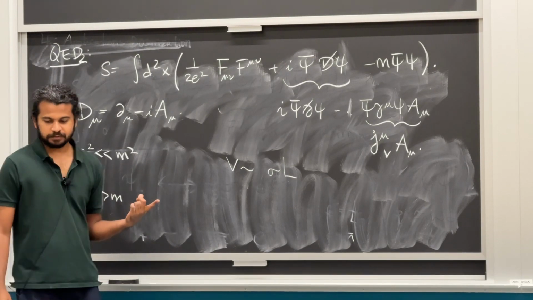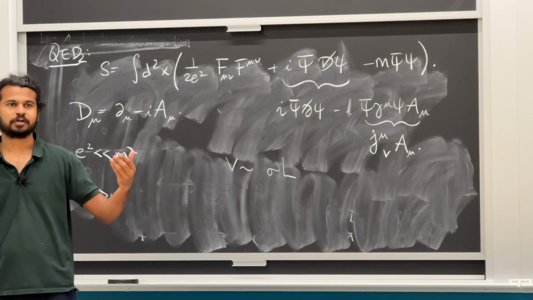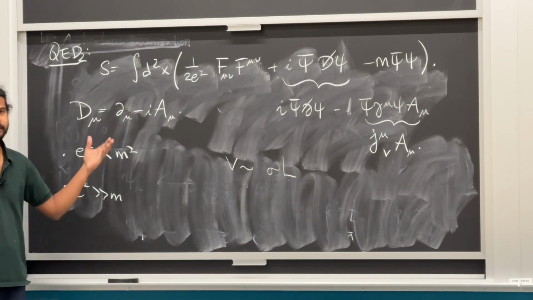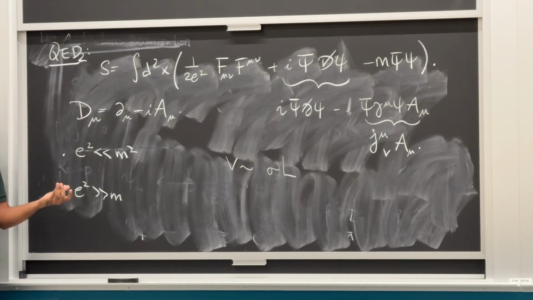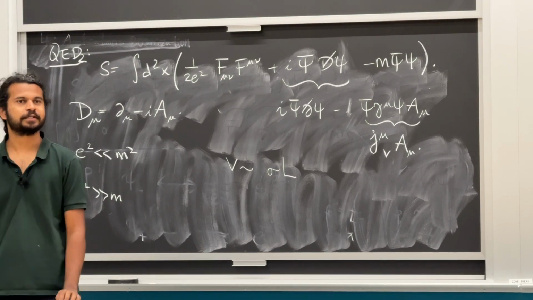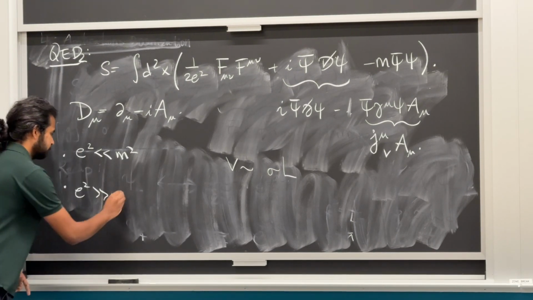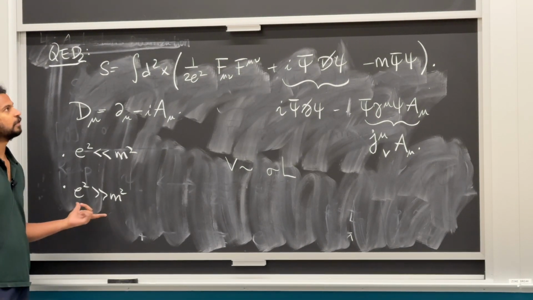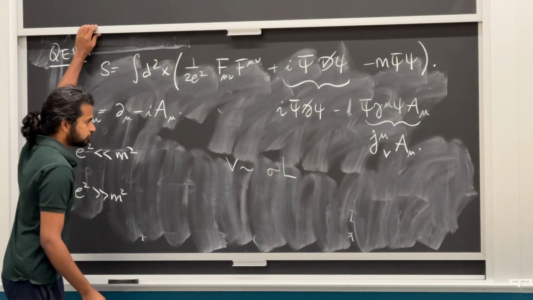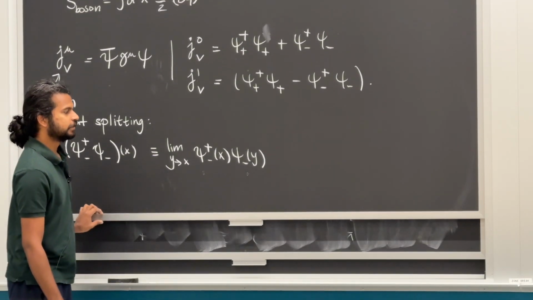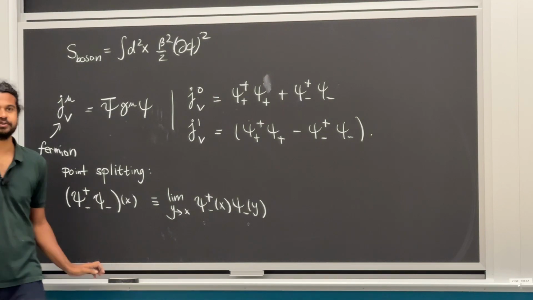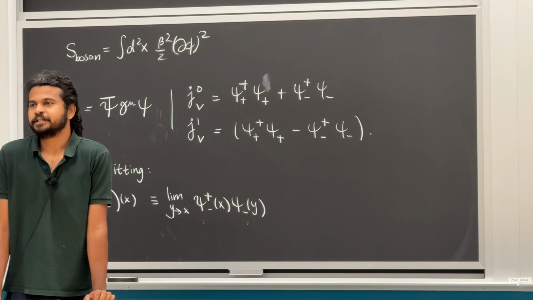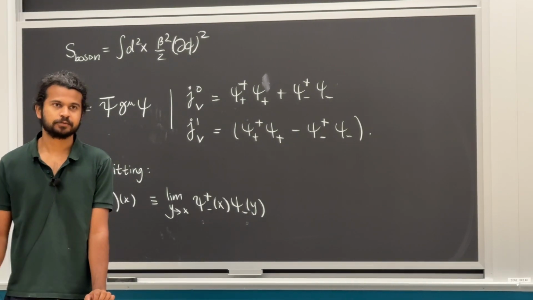In this region of parameters, it doesn't even make sense to talk about fermions and electromagnetic fields separately, because they are so strongly coupled that I don't even know what the degrees of freedom are in that regime of coupling constants. This is the same problem, for example, in QCD. When QCD is strongly coupled, we don't know what the degrees of freedom are from a theoretical point of view.